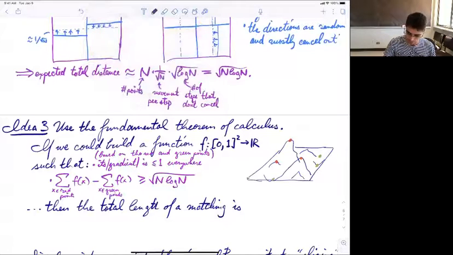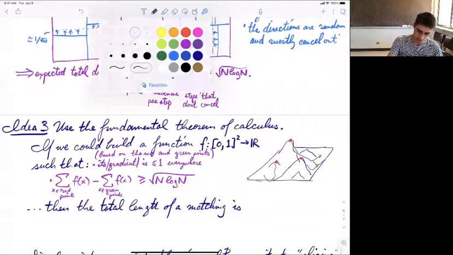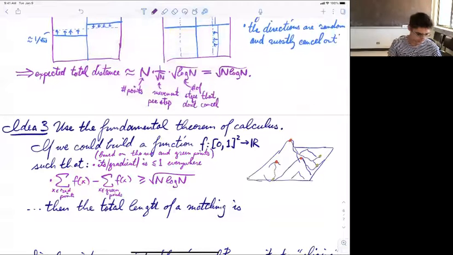And so that means that in order to connect all the red points to all the green points, you have to go kind of far, right? And this is a sum, so it's not like all the red points are on the mountain peaks, but at least like more of the red points are on the mountain peaks than in the valleys, and vice versa for the green points. And then, right, so how do we turn this intuition into math, right?